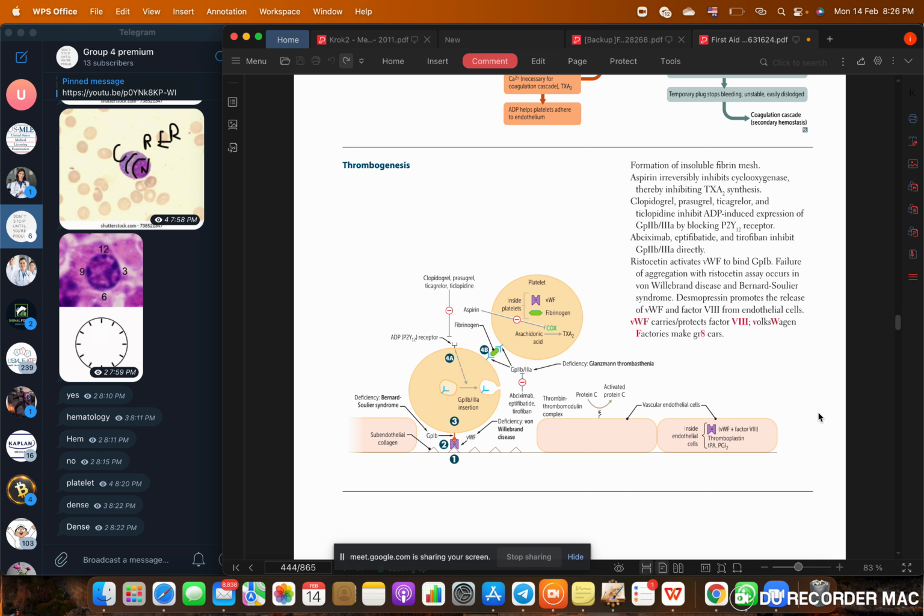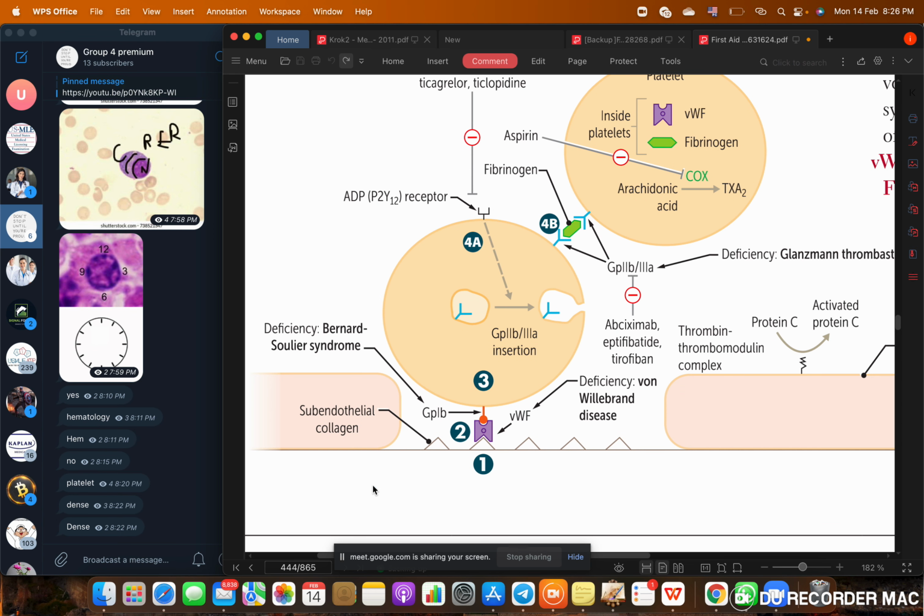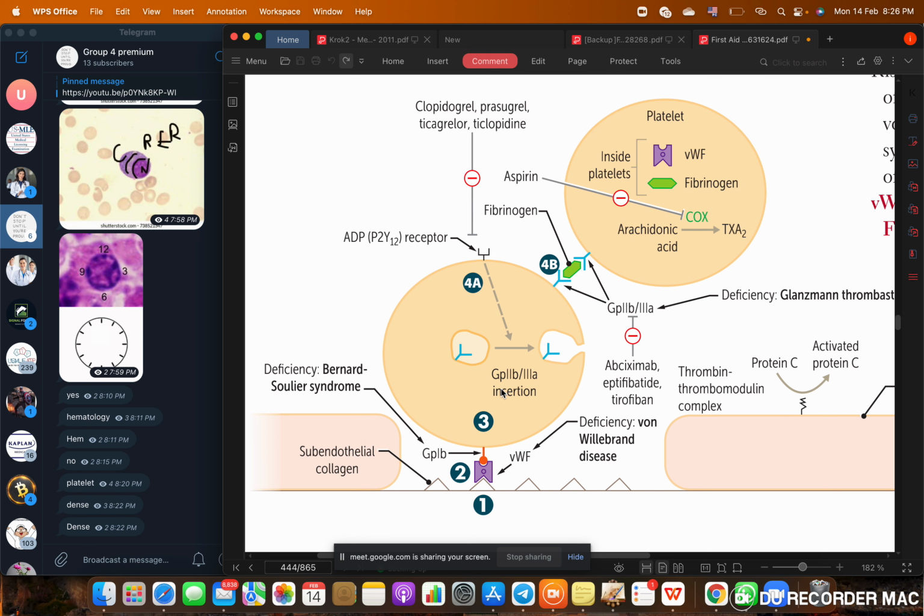It's what I just said, but in a different way. So you can see here the first step was the destruction of the endothelial cells, exposure of the subendothelial collagen, which binds to the GP1B with a von Willebrand factor. All of these are going to be bound to the platelets, which start to produce calcium and ADP.